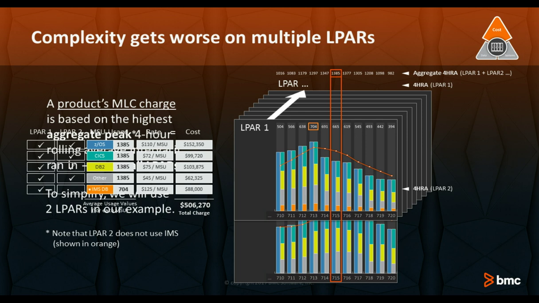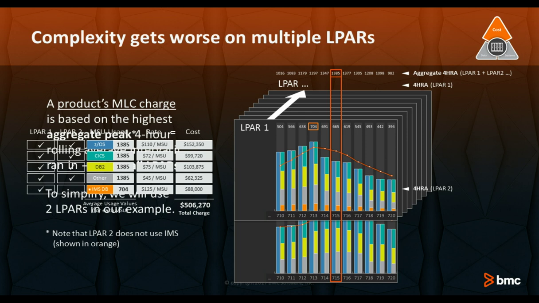Each LPAR has its peak. However, the aggregate peak is the highest point of the rolling 4-hour average for both of the LPARs, the aggregate 4-hour rolling average. That is what will be charged because those two LPARs are running in that particular environment. So in this case, the peak is 1385.